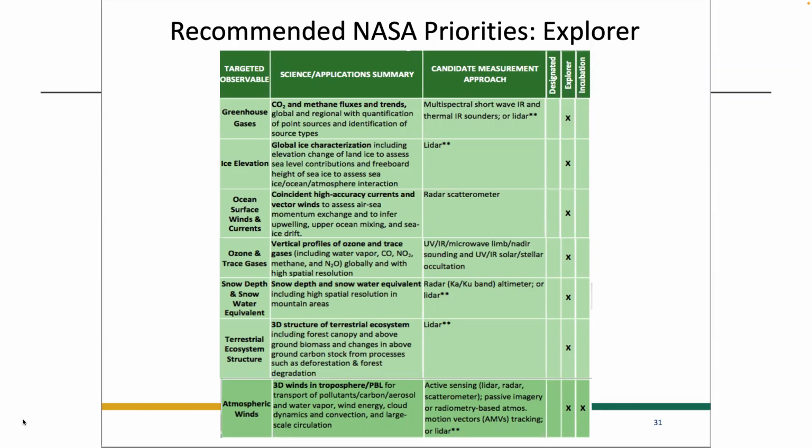Maybe we jump into the designated mission and now we're not thinking about a specific technology. We're thinking about potentially multiple technologies. And that time frame is where many of you who are graduate students right now will potentially be even more engaged in this next step of satellite proposal development.